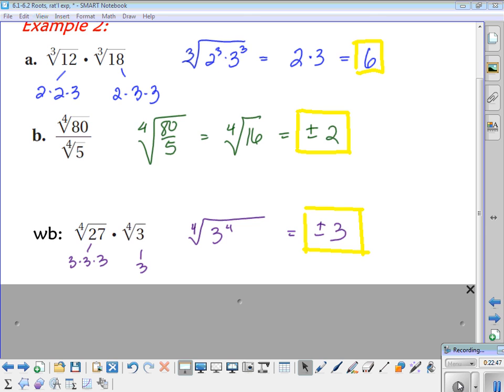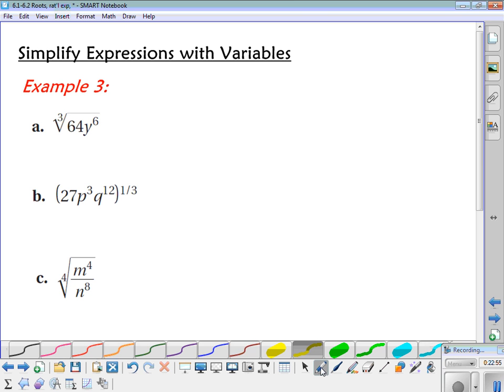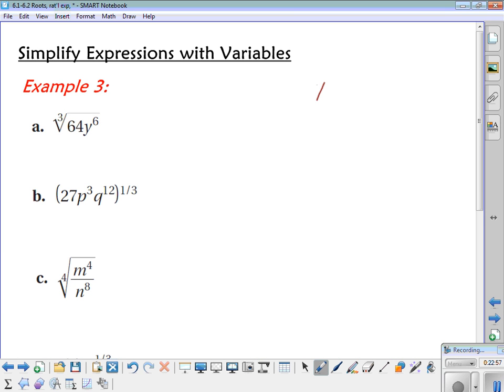Okay. We can do the same thing when we have variables. Essentially, all you're doing is you're going the opposite way. So remember when we had x to the m over n, that was our power, and that was our root? Well, we can kind of do the same thing going the other way.